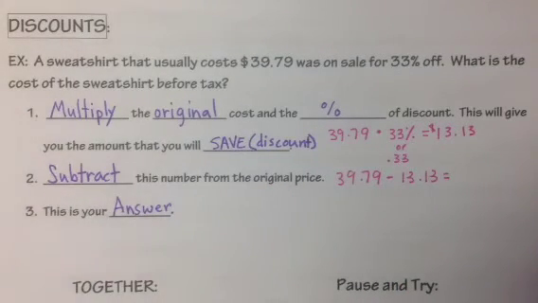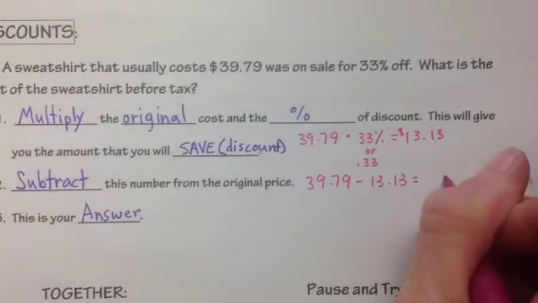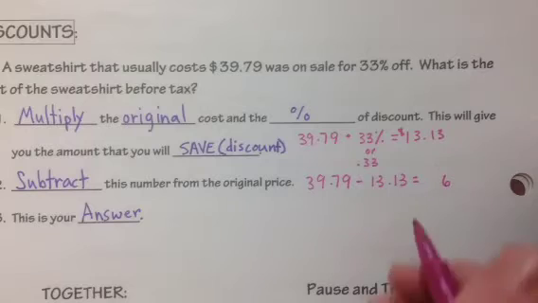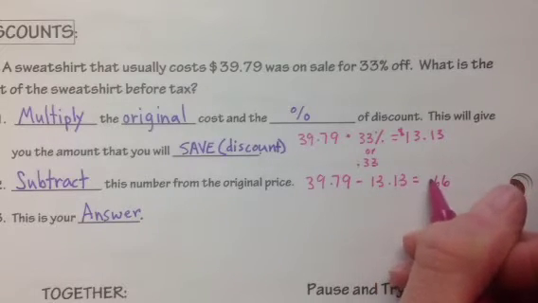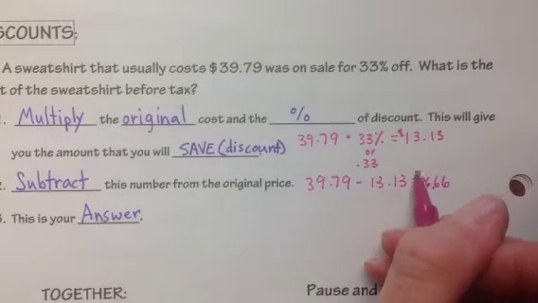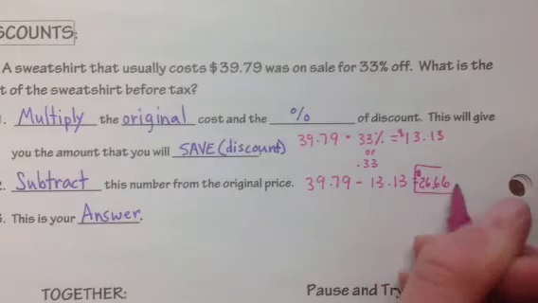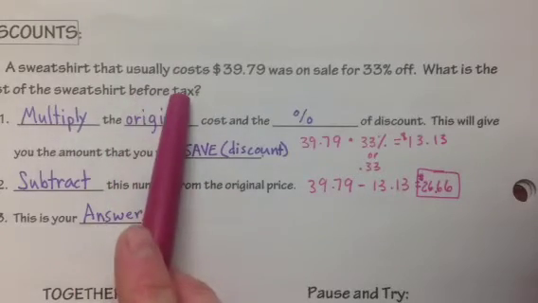And when we do that, let's see if I can do it without my calculator and get it correct. If I left myself enough space, that is. So it looks like $26.66. Okay? And that is a dollar amount, so we put our dollar sign, and there is our answer. That is how much we will pay for the item, of course, before tax.